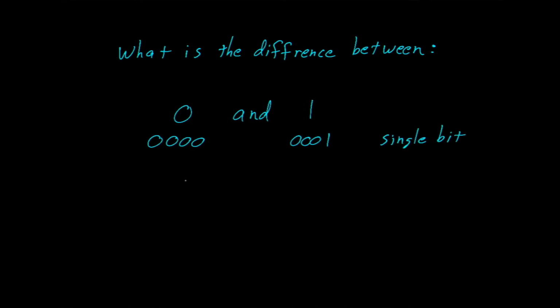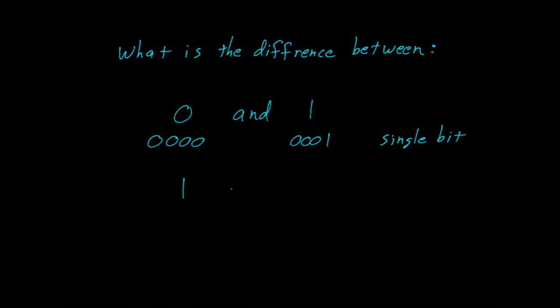What about 1 and 2? So 1 is 0, 0, 0, 1, while 2 is 0, 0, 1, 0. This can be described as a 2-bit change. So our 1's bit changed and our 2's bit changed. For reasons that'll be clear later, we're going to throw that one out.